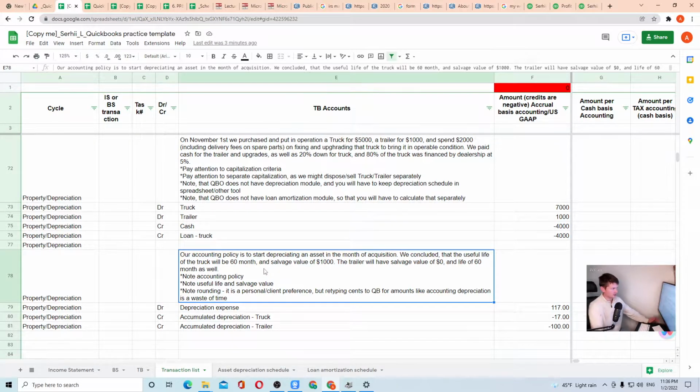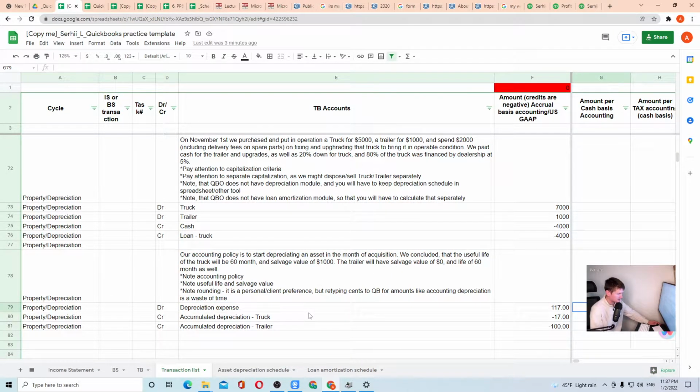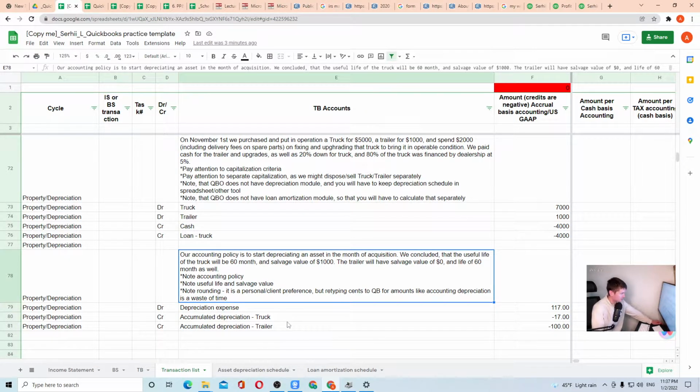So here we just use a simple example. We determine that useful life is 60 months and salvage value of the truck is $1,000 and the trailer doesn't have a salvage value.